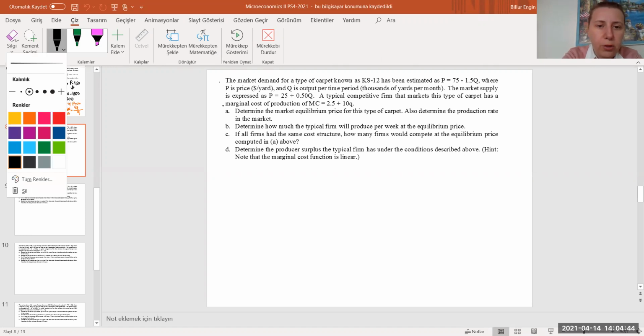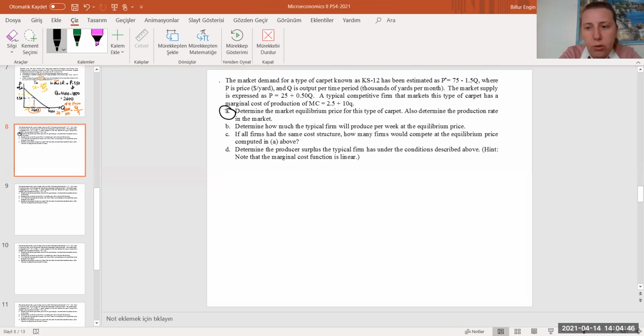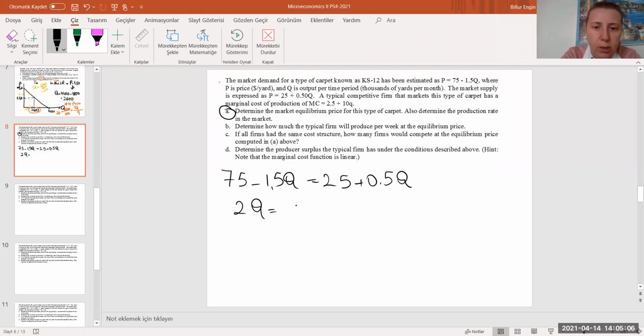So for question A, as you can guess, we will equalize demand to supply: 75 minus 1.5Q equal to 25 plus 0.5Q. From here, 2Q equal to 50 and equilibrium quantity is 25.